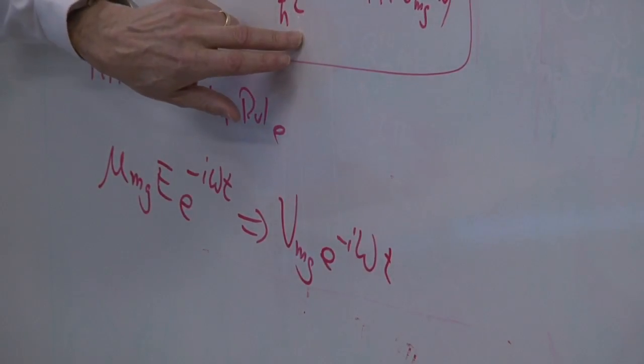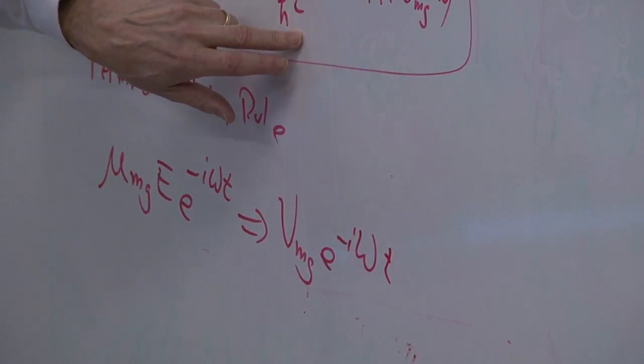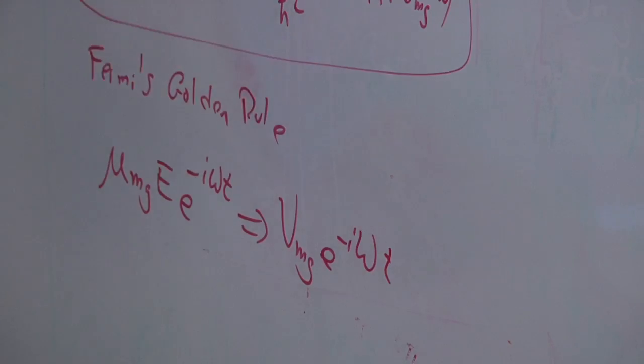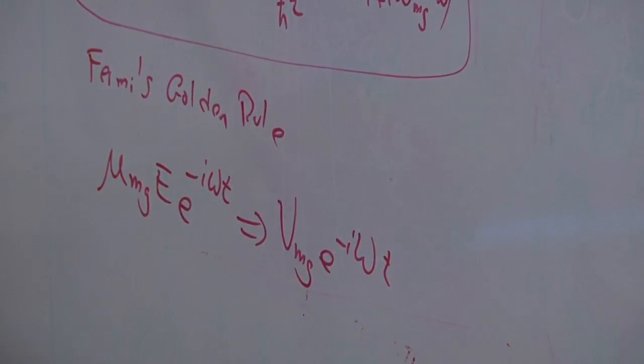So Fermi did not restrict this just to electric dipole transitions. He says you put the interaction potential here, and this tells you the rate at which the transitions will occur. Okay, so this is Fermi's golden rule. It tells you the transition rate.